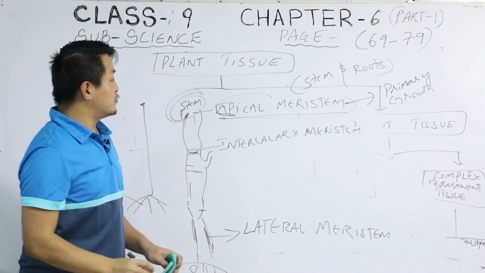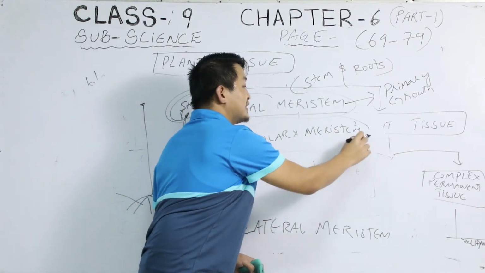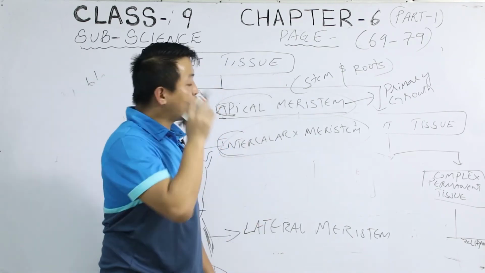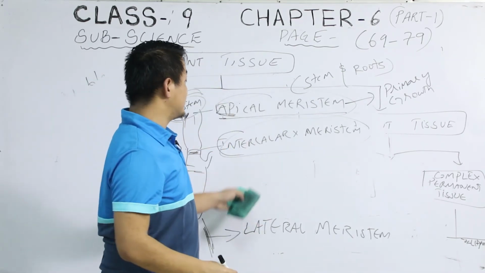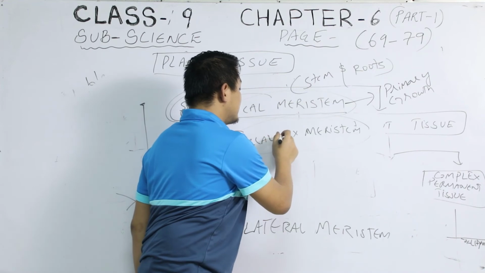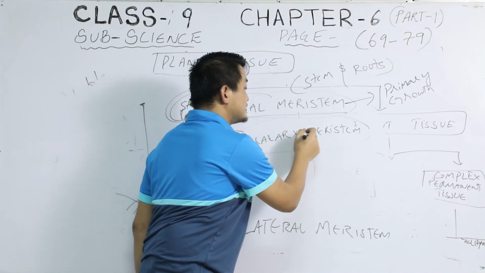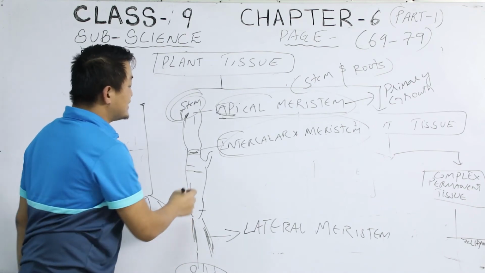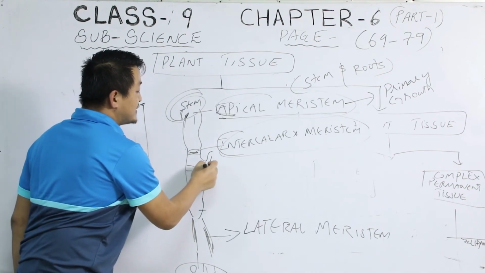Now we'll discuss the intercalary meristem. Where will you find this intercalary meristem? You will find it at the base of the leaf.